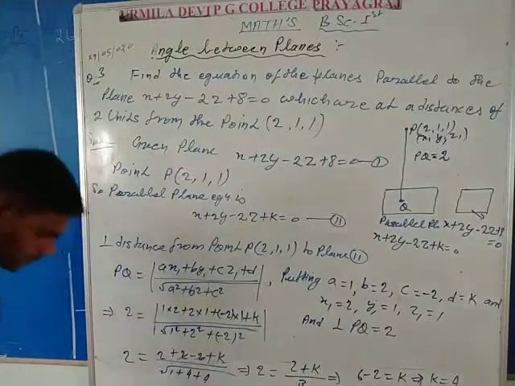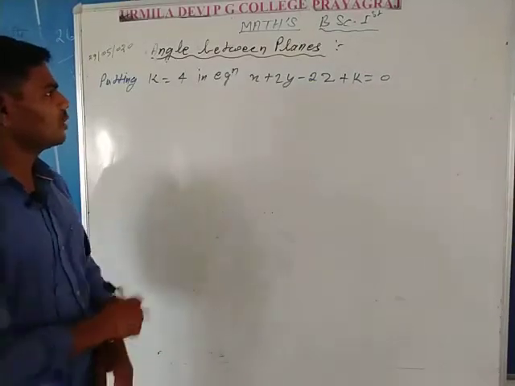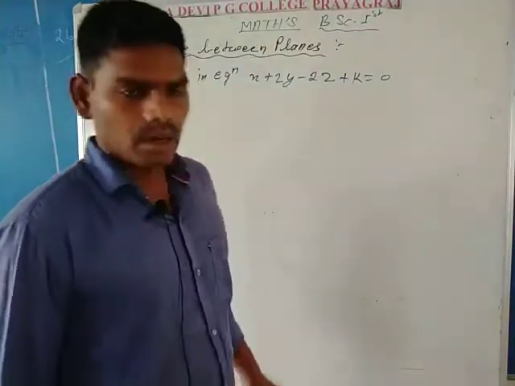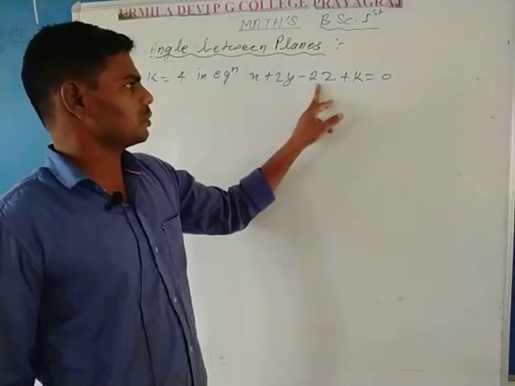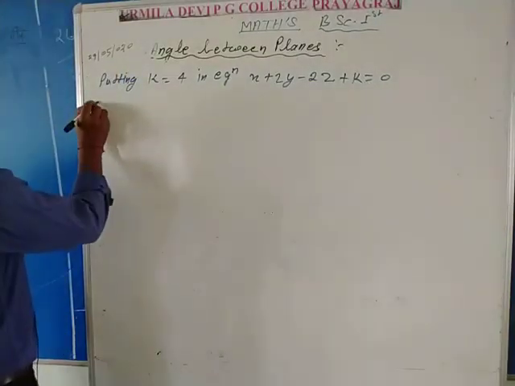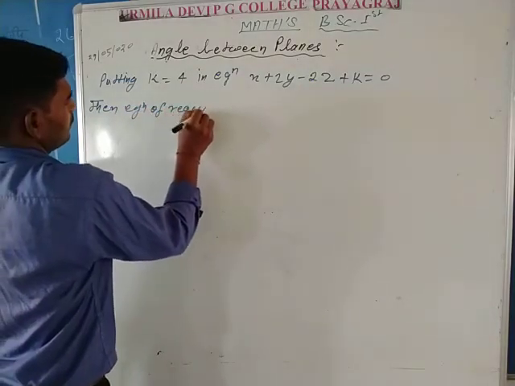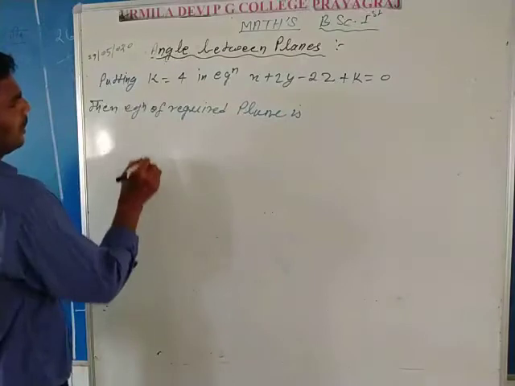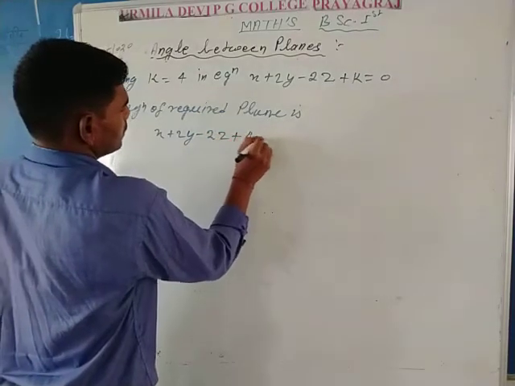So putting the value of k equal to 4 in equation second, which is the parallel plane equation to the given plane, x plus 2y minus 2z plus k is equal to 0, the equation of the required plane is x plus 2y minus 2z plus 4 is equal to 0.